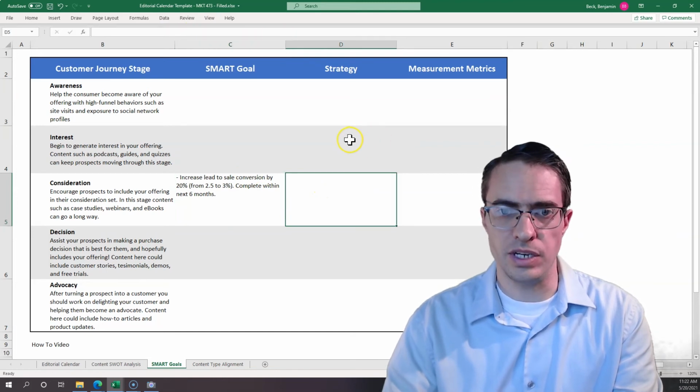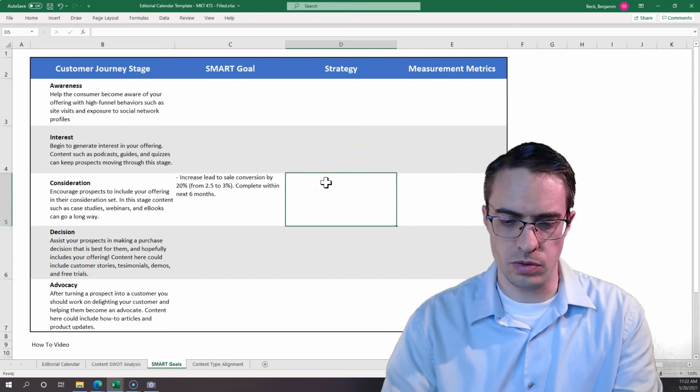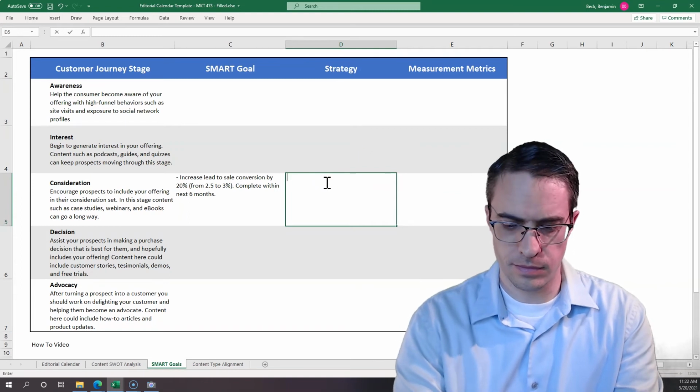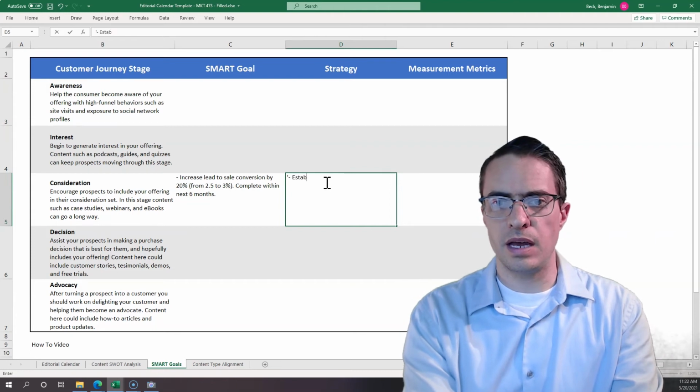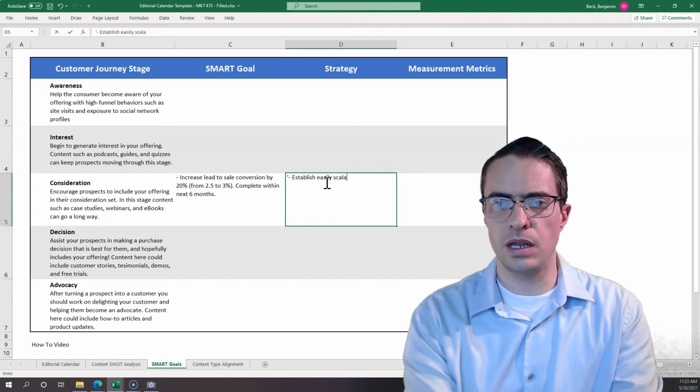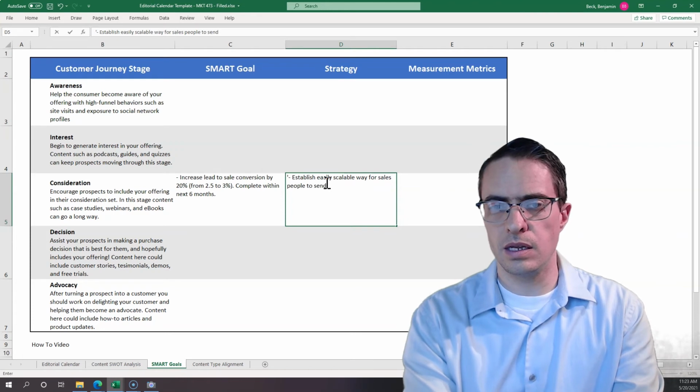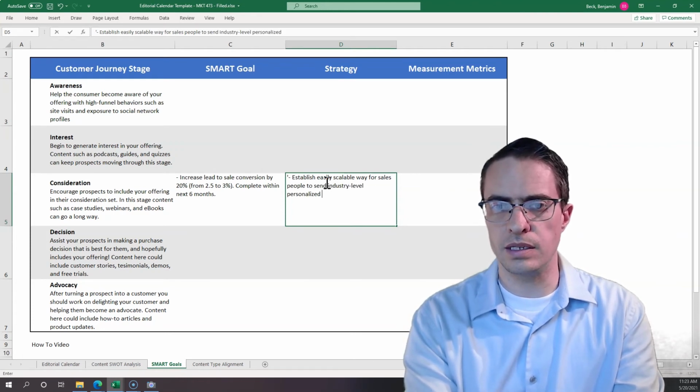The strategy around this is to establish an easily scalable way for salespeople to send industry level personalized case studies to prospects.